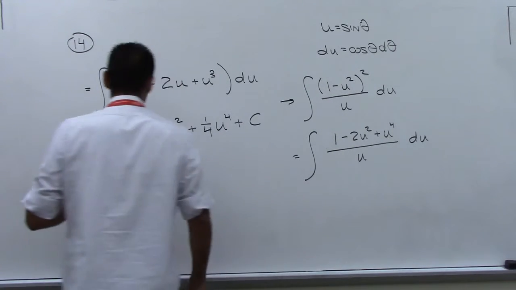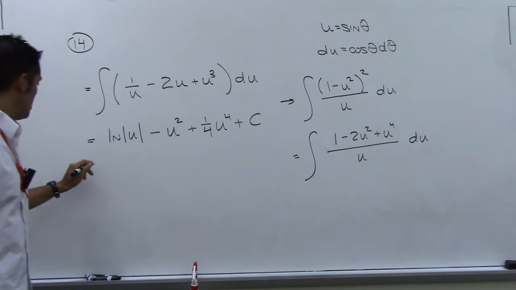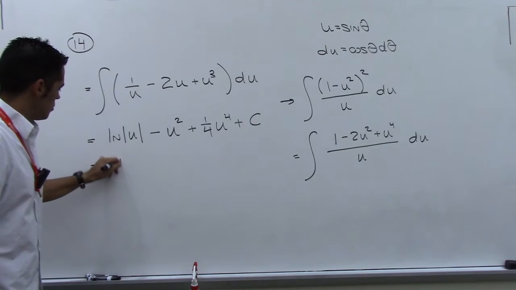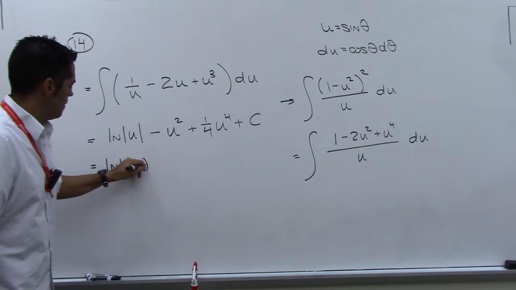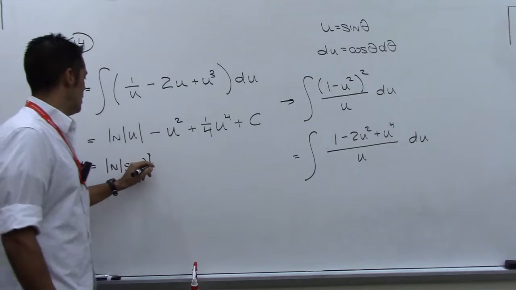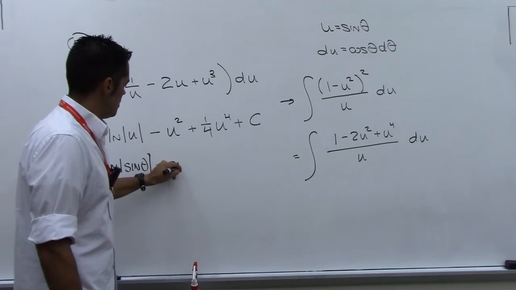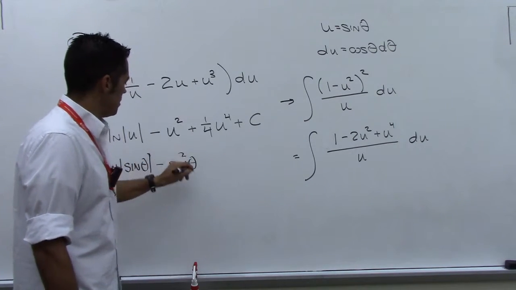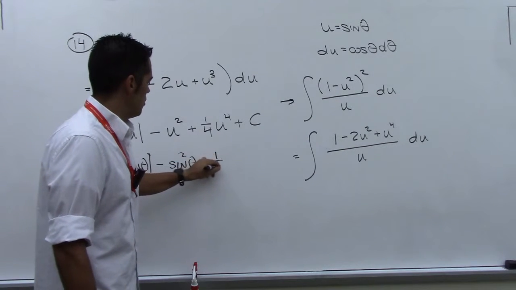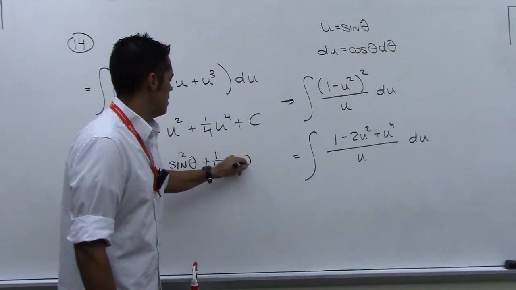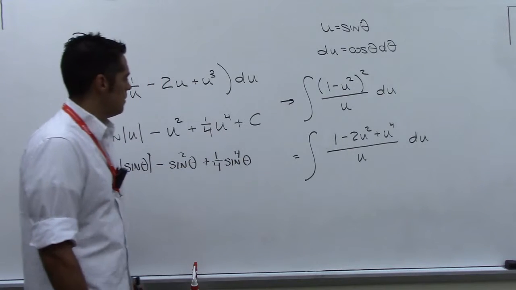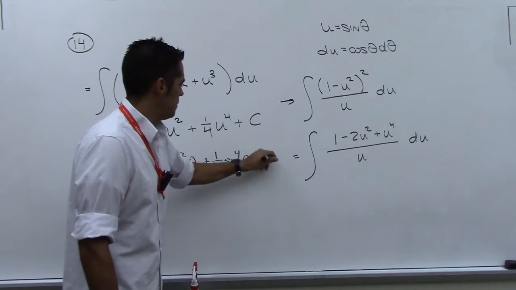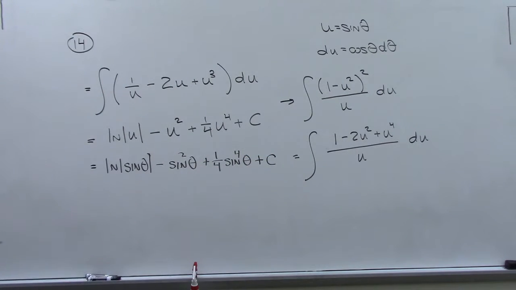And now I'm going to come in here and replace all my u's with sine theta. So natural log of absolute value sine theta, and then minus sine squared theta, plus 1/4 sine to the 4th theta, and then plus c. And that should do it.